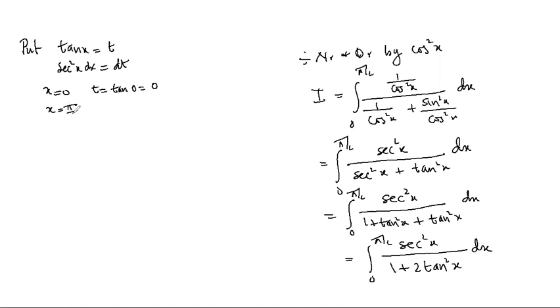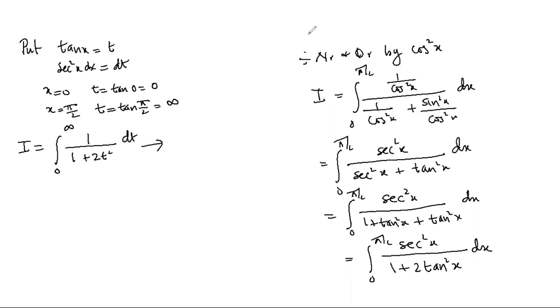When x is pi by 2, t is tan pi by 2, which will give you infinity. So your integral becomes 0 to infinity, 1 upon 1 plus 2 t square dt.